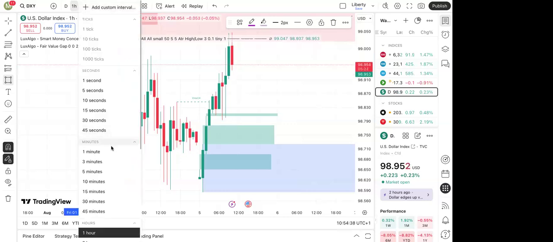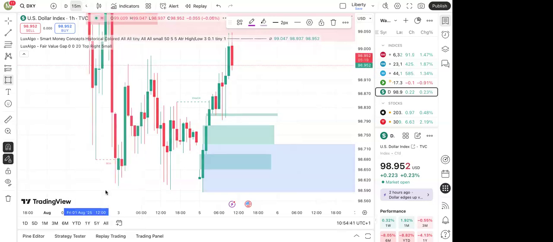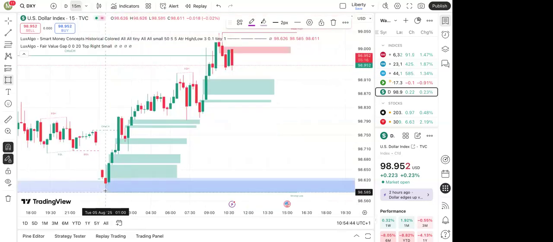Earlier today, it was bearish. I'm changing to 15 minutes on DXY. So from these points, we can see that we are in correlation with DXY today at this moment.